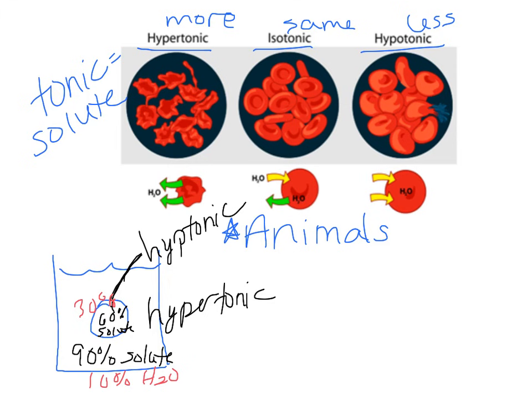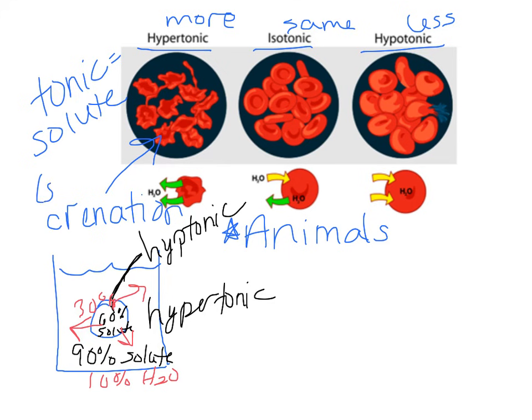Water moves from high to low. So I have 30% water in my cell, 10% water in my solution. 30 is larger than 10, so water is going to leave the cell. And as water leaves the cell, as you can see up here, it will shrink up like that. And when it shrinks up, that's called crenation.